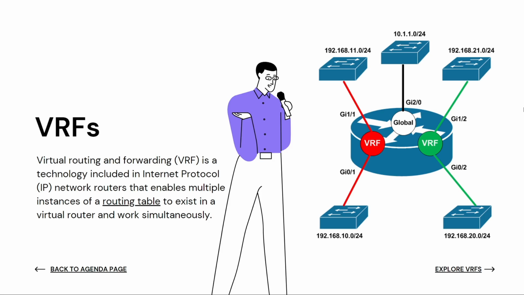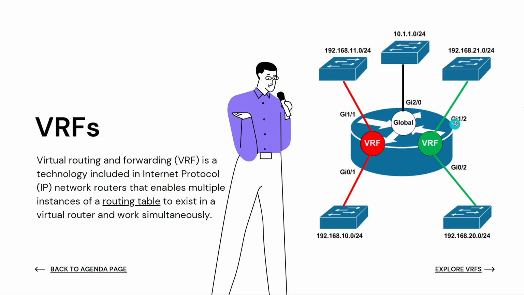From the picture here, you may see that this is a bit confusing. These lines indicate the interfaces that are connected to the router. This is the router, and these are the gigabit 1/1 port, gigabit 0/1 port, 0/2, 1/2, and 2/0.